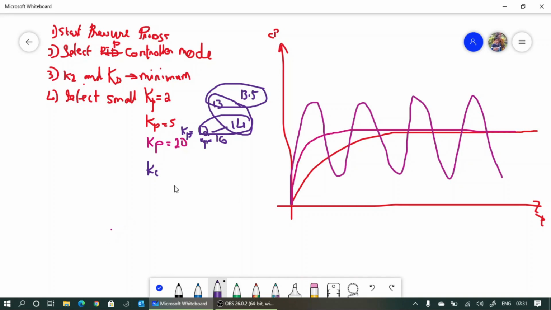Means after dividing the interval, if corresponding to 1 point there is no sustained oscillation, and corresponding to another point we have sustained oscillation, and the difference between these 2 points is less than 0.25, you can stop. Then what Kp value can you take? The Kp value which is giving that sustained oscillation, you can select as the critical gain. Is it okay?